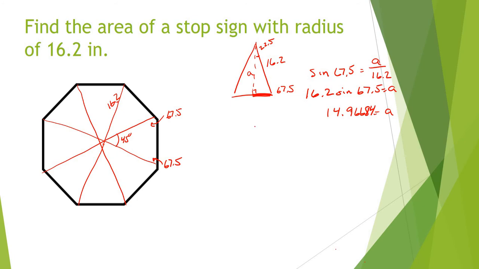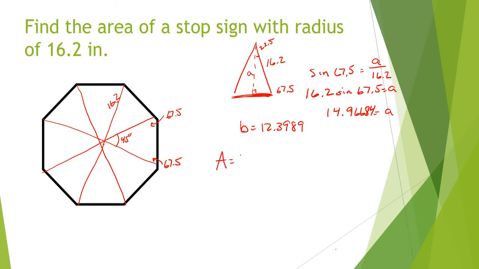I'm not sure. I didn't write on my paper. I think I did Pythagorean there. But I got the base to be 12.3989, and that was the entire base.